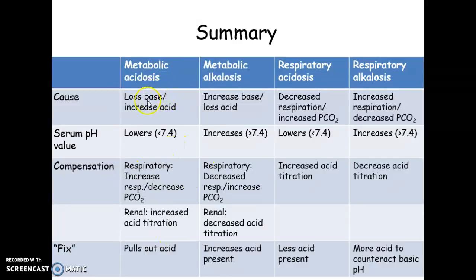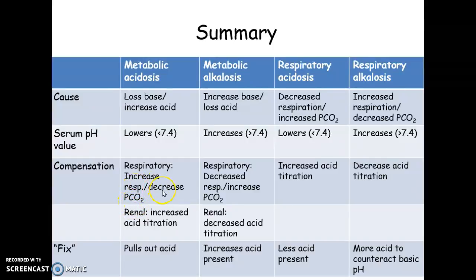But metabolic acidosis, the cause: loss of base, increase in the acid. What happens to your serum pH? It goes below 7.4. And the important thing to think about is compensation versus correction. So if it's metabolic acidosis, the respiratory system is going to try to compensate by increasing respiration and decreasing the PCO2.